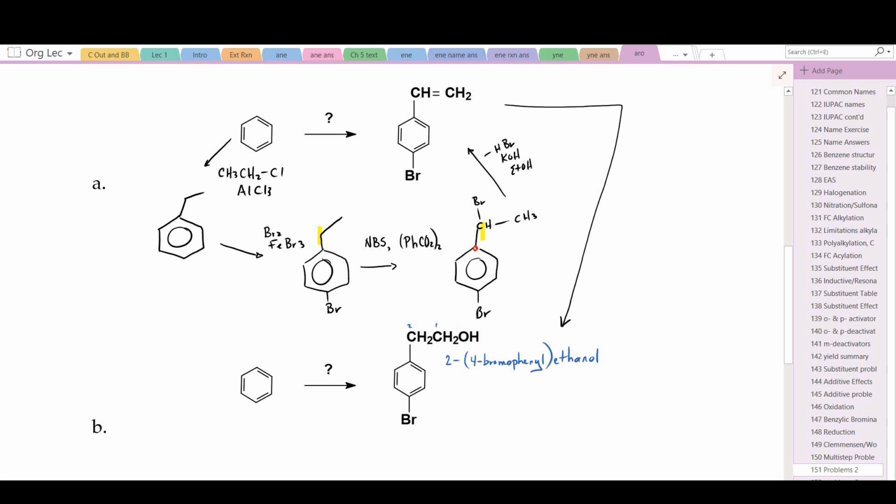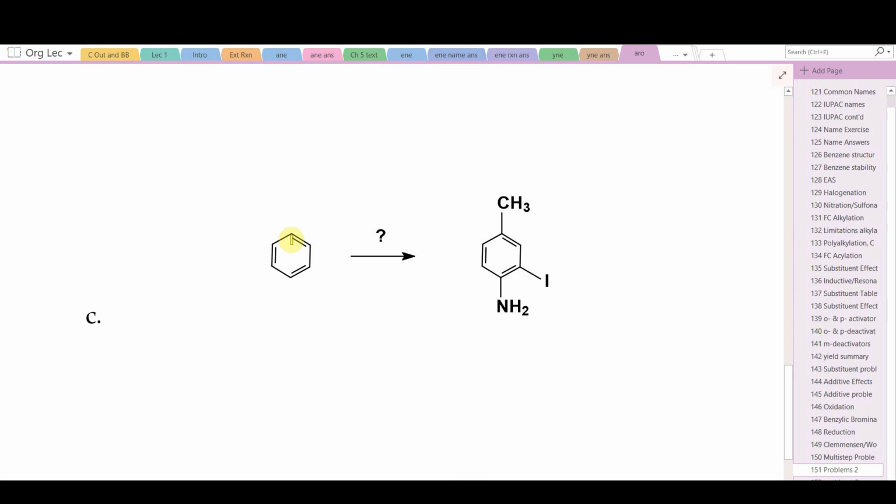Right? So how do we do that? Recall that we can use borane gas in tetrahydrofuran solvent, followed by sodium hydroxide and hydrogen peroxide. And this gives us the anti-Markovnikov alcohol, which is our product in this case.